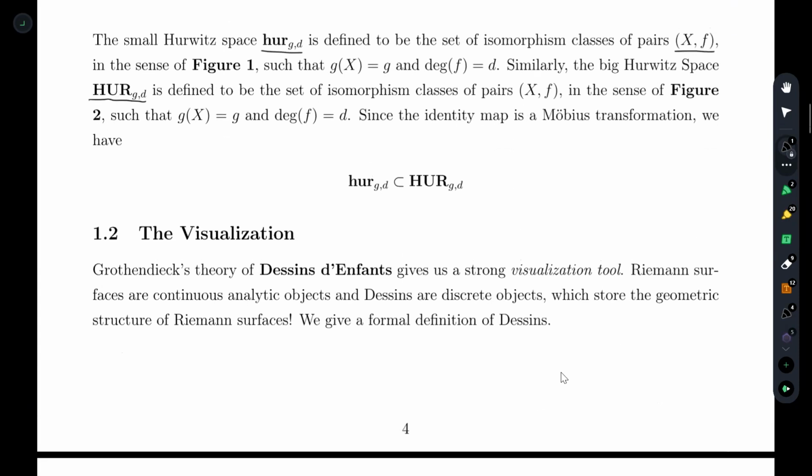And now we come to the part on visualization. Here visualization does not mean that we are drawing the curve like we draw the graph of functions. We are trying to use the designs to capture the geometric information of a compact Riemann surface, and it will be clear as we continue how these designs and some of their variants store the information of several Belyi functions and the geometric information of the compact Riemann surface.